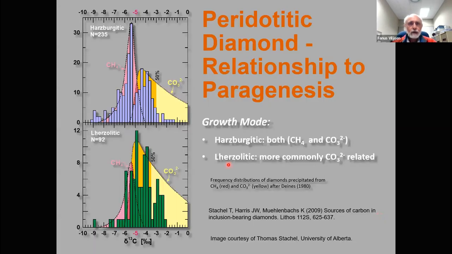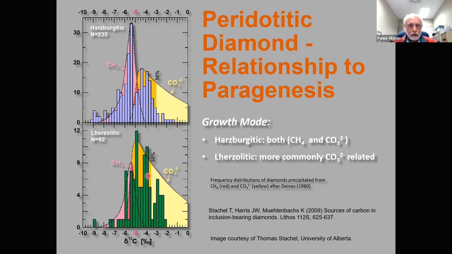And so if we, for example, model diamond crystallization using theoretical models of the fractionation of carbon isotopic compositions between methane and diamond and carbonate or carbon dioxide and diamond, we can model that the bulk of harzburgitic diamonds probably crystallize from some form of methane, with a more subordinate population of harzburgitic diamonds crystallizing from probably carbonates, maybe carbonate-bearing melts or fluids.